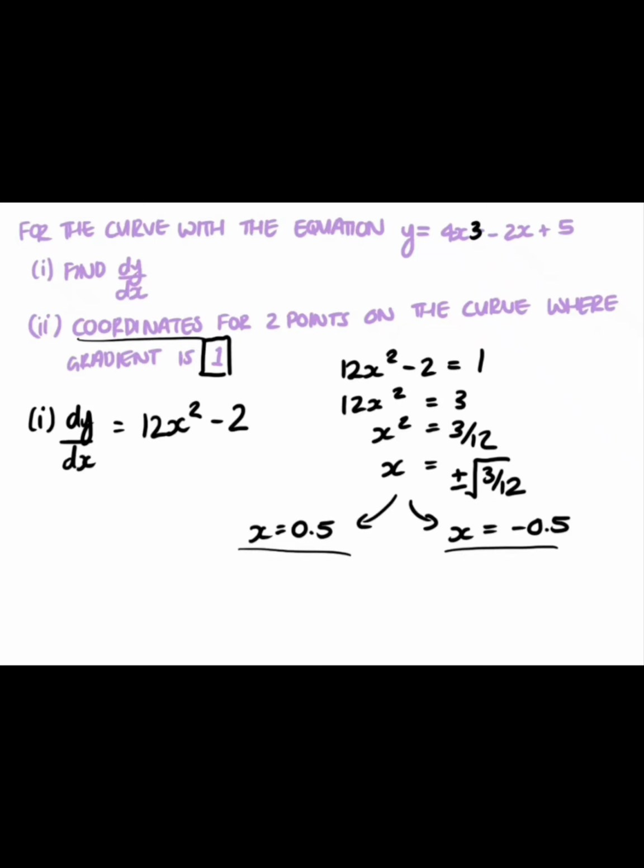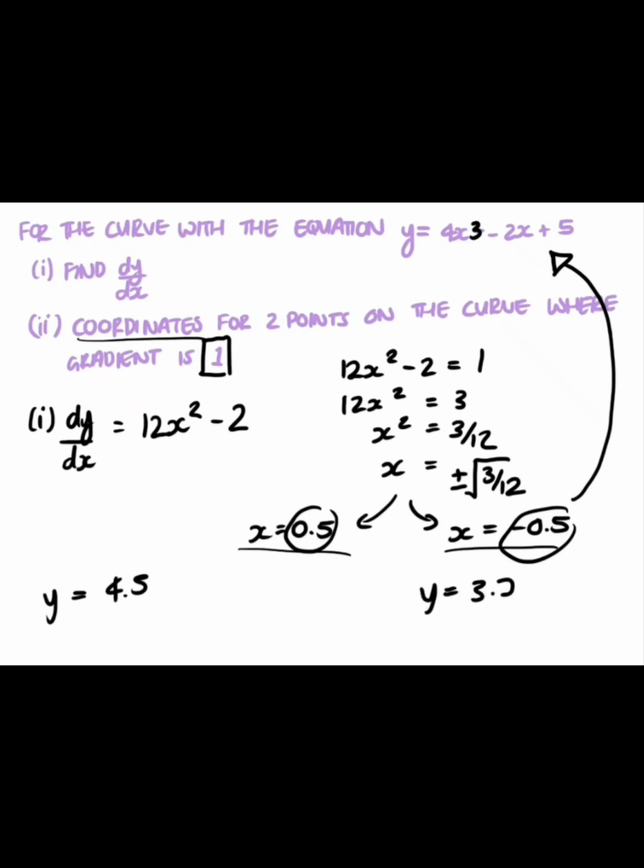And again, that comes by substituting both of these values into the original equation. And again, that is a skill that I'm sure you all have. So if you substitute x as 0.5, that would give you y equals 4.5, and this would give you y equals 5.5.